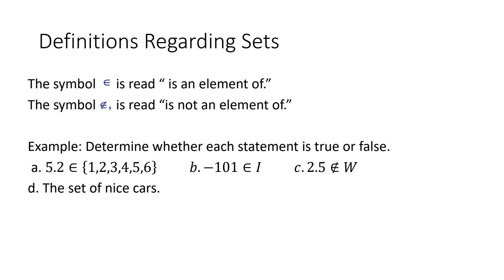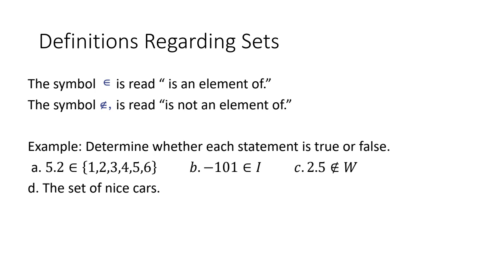In mathematics, when we put these symbols together, they represent statements, and you can tell if it's true or false. For A, if I translate it into words, and this is an exercise that I always ask my students, can you read it in English? What are all of these symbols telling you?